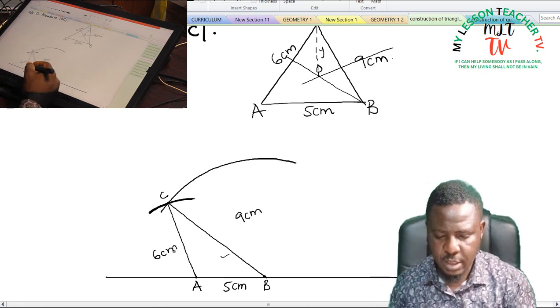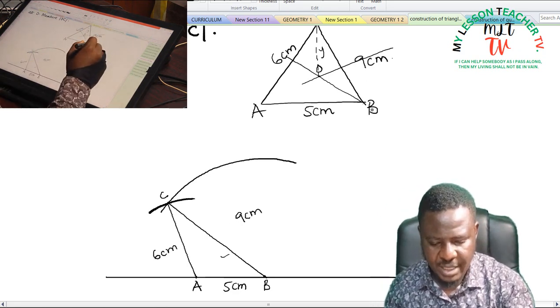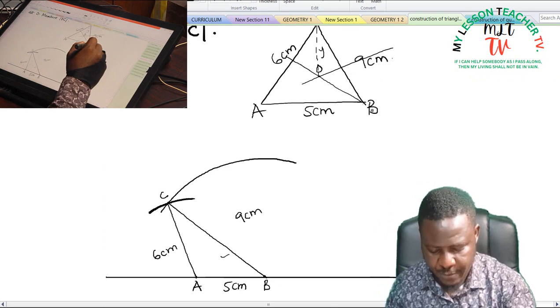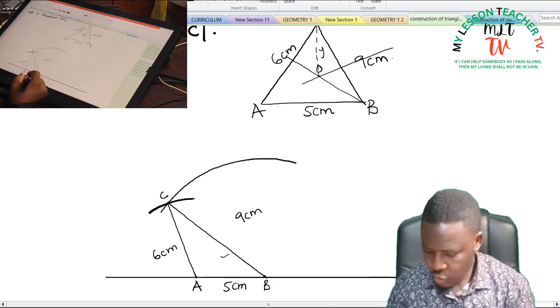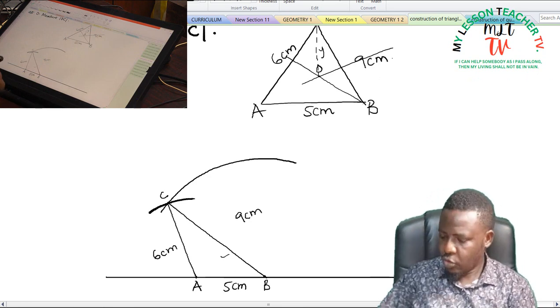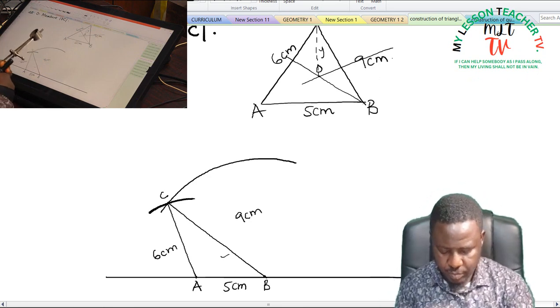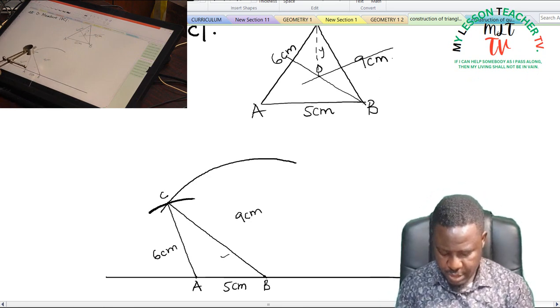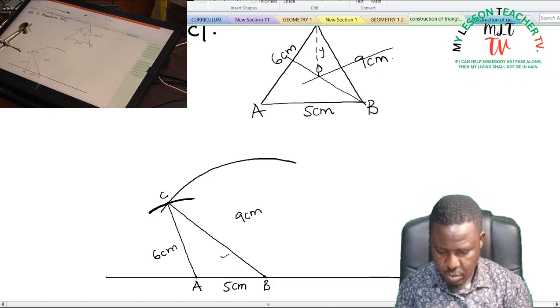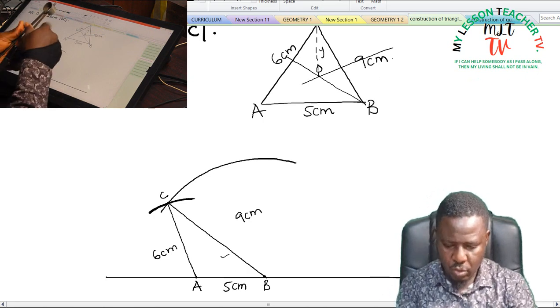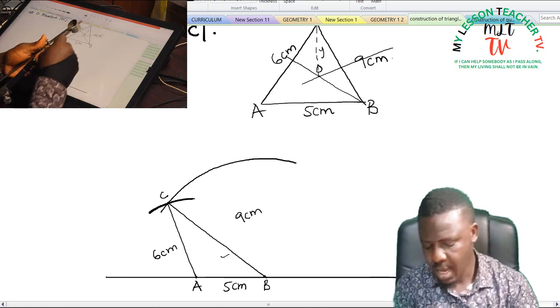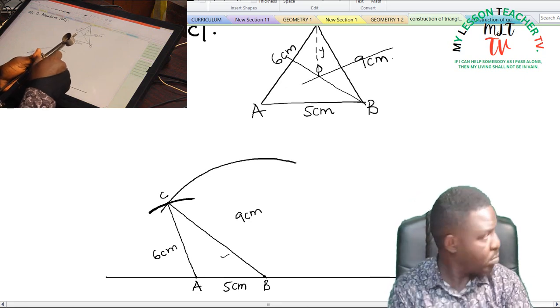Now the question says we are to bisect angle B, which is angle ABC. So how do we do that? For us to bisect angle ABC, we choose an arc. I've already showed you how you can bisect an angle.